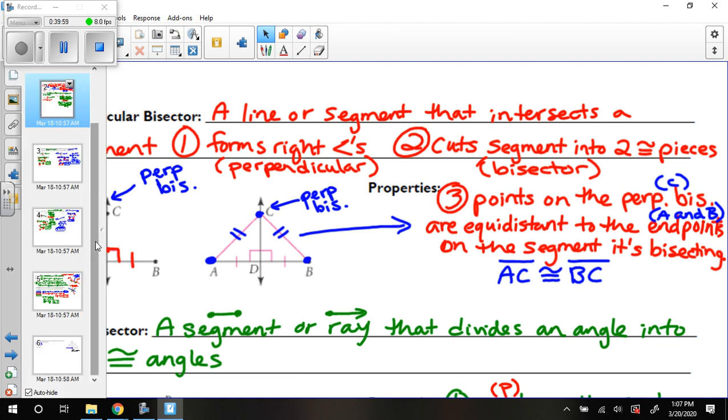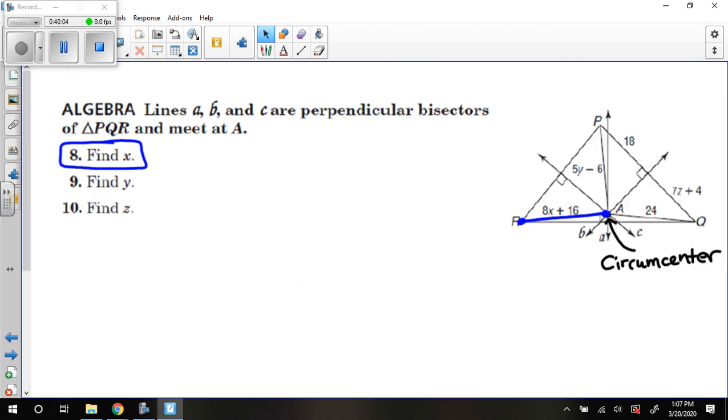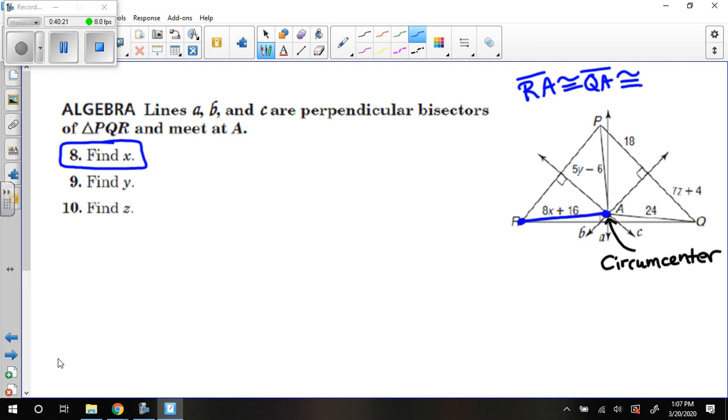So if I go back to my example, I know that from R to A is going to be congruent to from Q to A, which is also congruent to PA. So all three of those lines are equal.